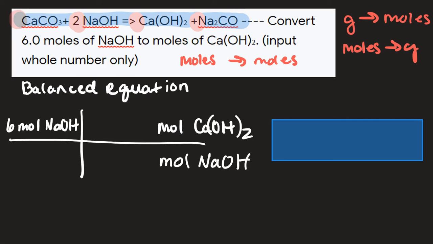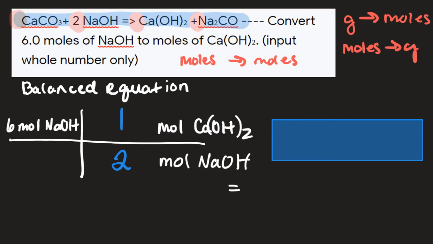Remember the numbers in front of the compounds in the equation? If there's no number in front of it, you can safely assume it's just 1. So we match those numbers with the compounds: a 2 next to NaOH and a 1 next to calcium hydroxide.